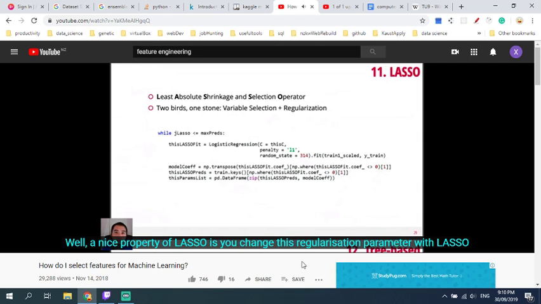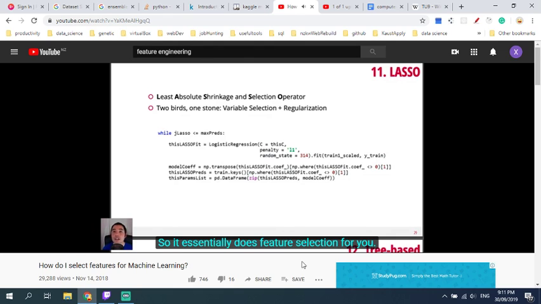Well, a nice property of Lasso is you change this regularization parameter with Lasso, and when the value is really large or really small, I don't remember, there's no regularization and you just have a plain linear model. Then if you increase or decrease that regularization parameter slightly, it does regularization, which with Lasso actually drops coefficients all the way to 0, and a coefficient of 0 means the feature has been dropped.